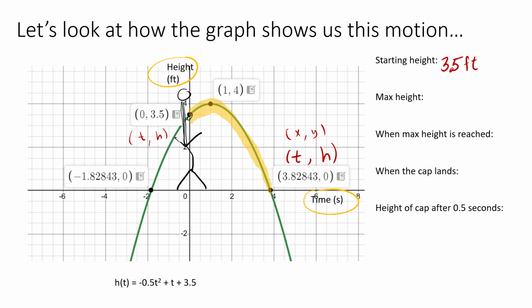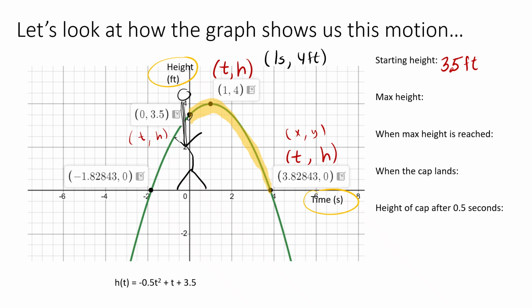The maximum height. Now remember how we have this set up. We have time on our x-axis and the height on the y-axis. So when we look at that ordered pair, the 1 represents the time and the 4 represents the height. And so you could even think of that as 1 second and 4 feet.